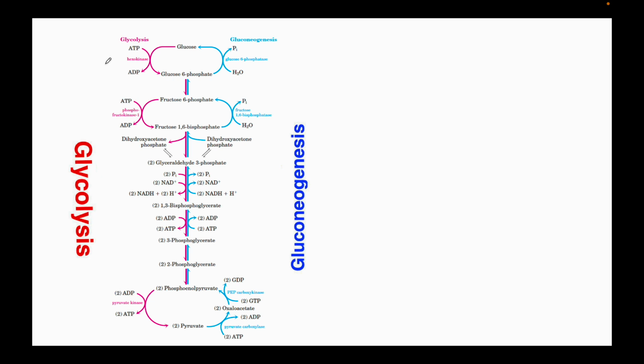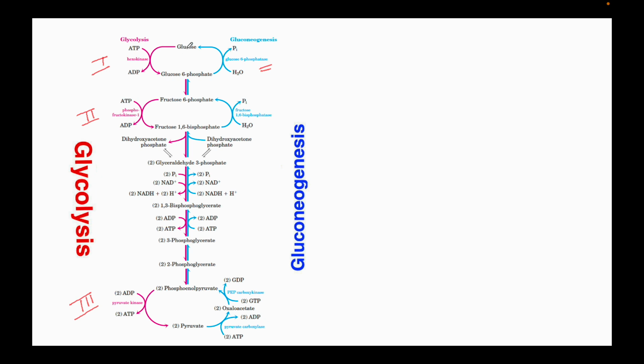The first reaction which is different is hexokinase. From glucose to glucose 6-phosphate we have hexokinase, whereas in the backward reaction of gluconeogenesis, the formation of glucose is from glucose 6-phosphate. So why are these reactions different? There are 3 different reactions: this is the second and this is the third.